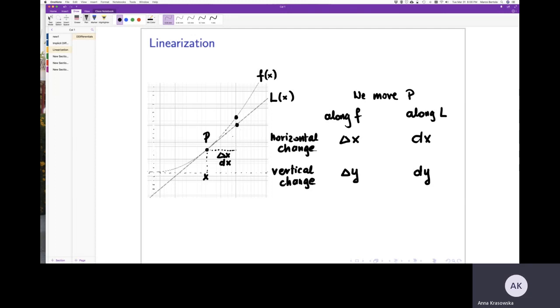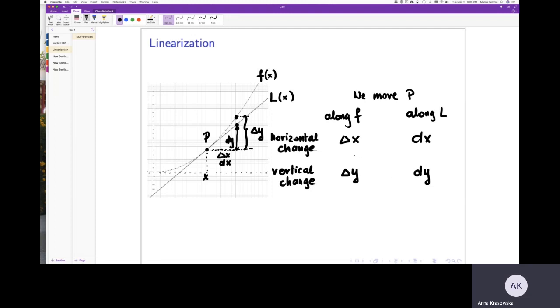So I will just denote dy, this distance here. Okay. What is the distance? Delta y is the distance from the y of point P to the y of the point after the shift. So that distance will be delta y.